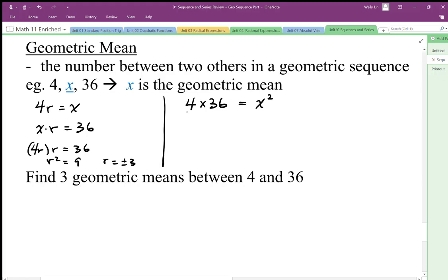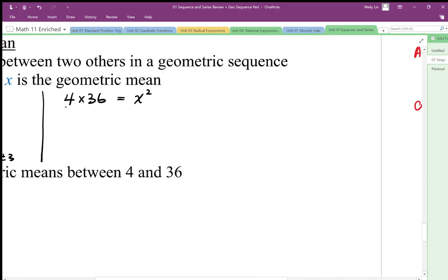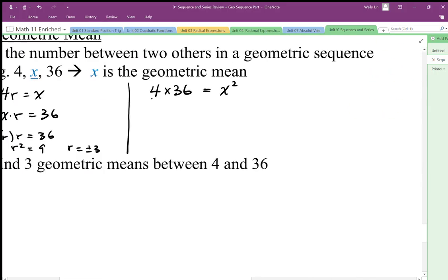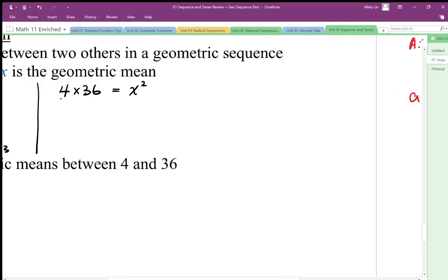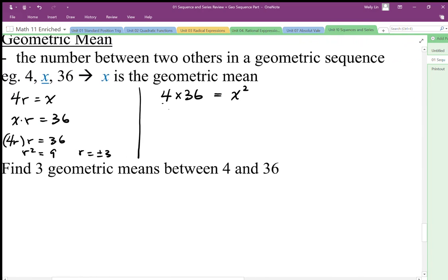Well, to find the middle, we need to undo that multiplication, and we're going to end up using roots. Now, it might not be very clear exactly how it works, but the idea should make sense. We're finding a mean. In this case here, we did it by addition. Here we're going to do it by multiplication. Here we divided to get the mean. Here we're going to root to get the mean.